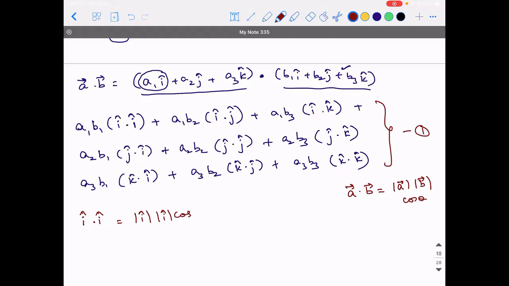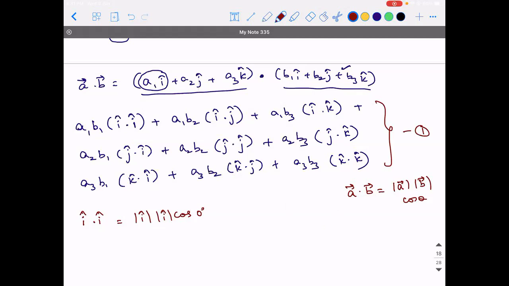What is the angle between I vector and I vector itself? It is 0, because I cap is in which direction? Positive x-axis, and the other I cap is also in the positive x-axis. So they coincide, they will be like this, because they are representing the same vector.